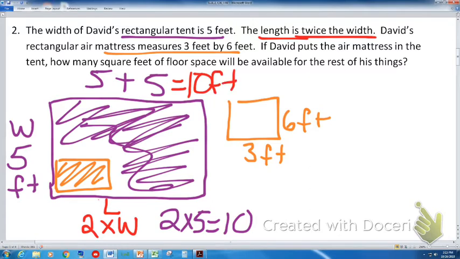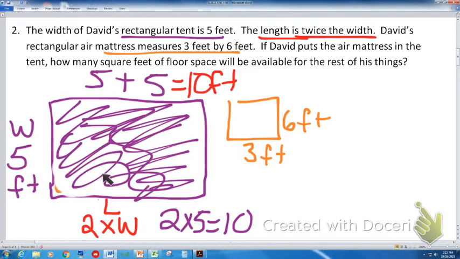Now to find the total purple space inside here, this entire space, we're going to find its area. Remember, the inside is area. So we're going to find the area of David's tent.